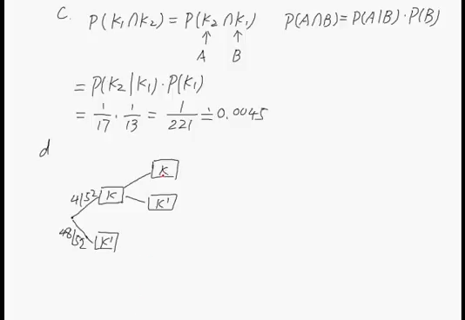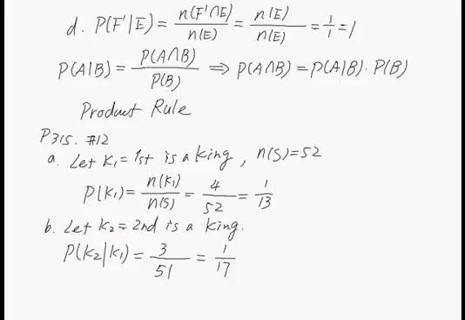Now, this guy and this guy stand for the conditional probability. So now, if the fourth card is king, then what is the conditional probability of the event the second card is a king? How many? So we just got this in part B, right?